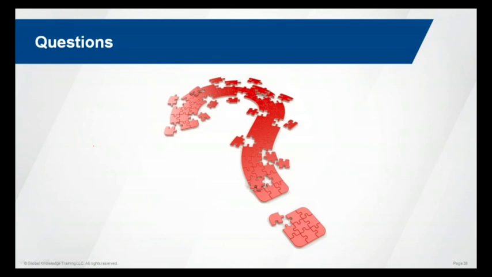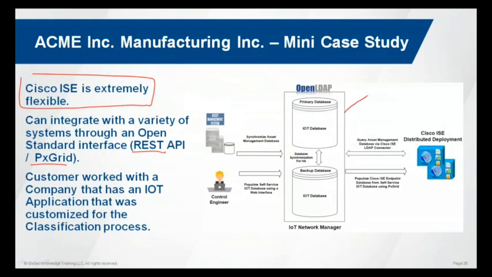But if you want to integrate with a third-party device, like we said here with PXGrid, let's say I have my StealthWatch, which is a device that collects NetFlow information, or maybe I have FMC, Firepower Management Center.